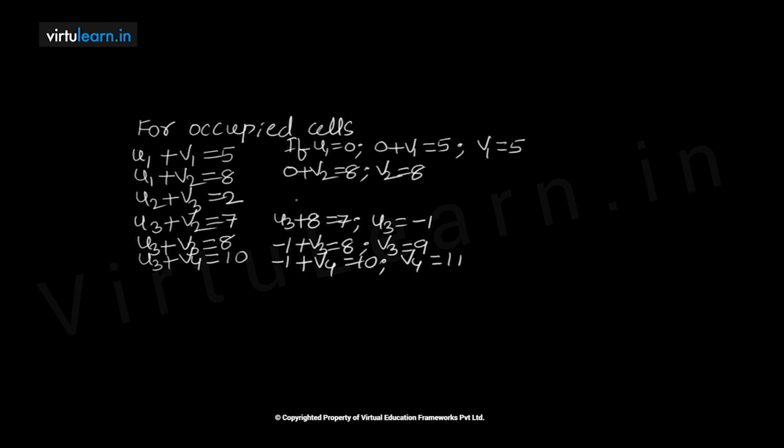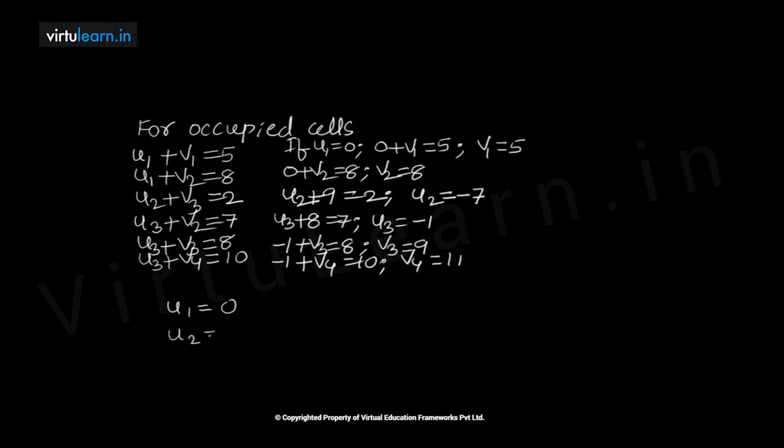Now we got the V3 value. U2 plus V3, which is 9, is equal to 2. So then U2 is equal to 2 minus 9, that is minus 7. Now we have got all the values. U1 is equal to 0, which we have assumed.